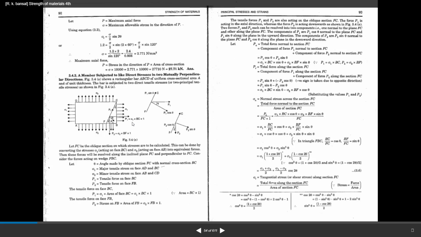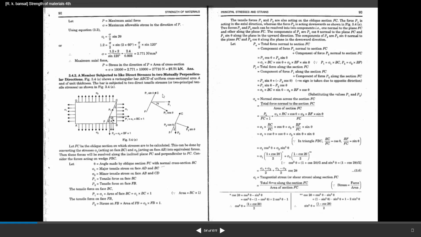P1 equal to sigma 1 into BC into 1, where BC is the contact surface for the acting load, and 1 is the unit thickness. P2 equal to sigma 2 into BF into unit thickness, taking the right angle triangle BFC, where BF is the contact surface.